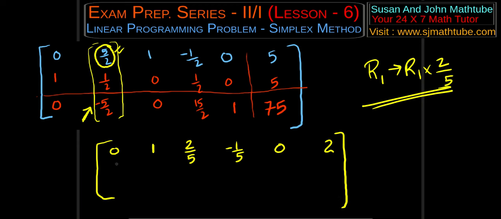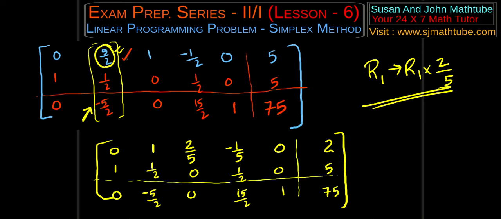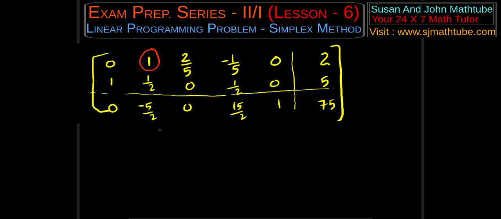And the remaining will be the same. So we get 1, 1 by 2, 0, 1 by 2, 0, 5. And if you want, you can use a divider, but there's no difference. So I'm just copying the same thing, 1 and a 75. So we found the pivot, and we made the pivot element 1.